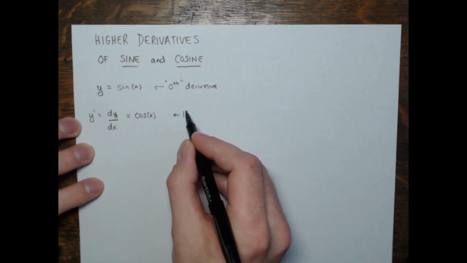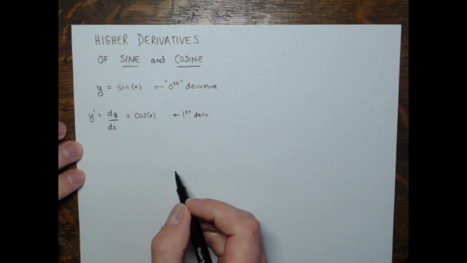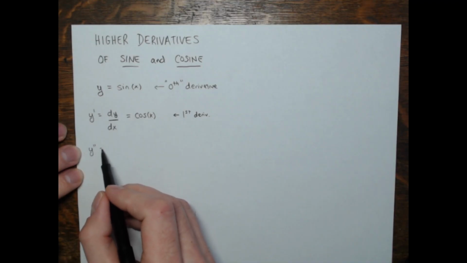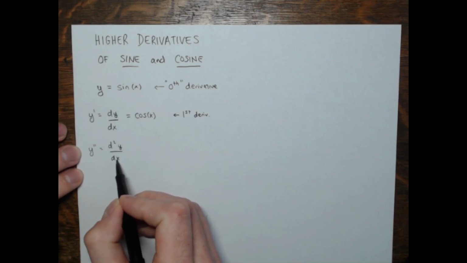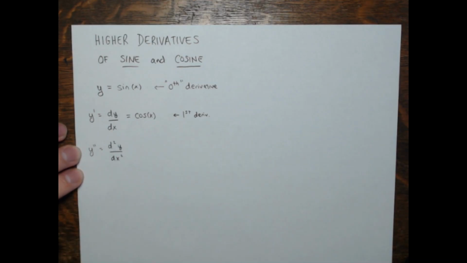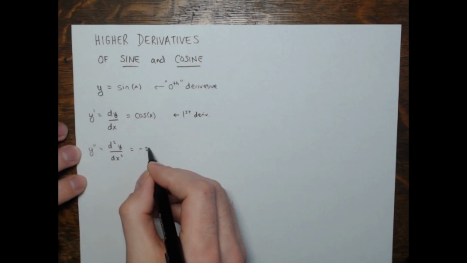So this is the first derivative. And then the second derivative, so derivative again. Remember that notation was d squared y over dx squared, even though these aren't squares, they're just indicating that you're taking the second derivative. Well, that's the derivative of cosine, which is negative sine.